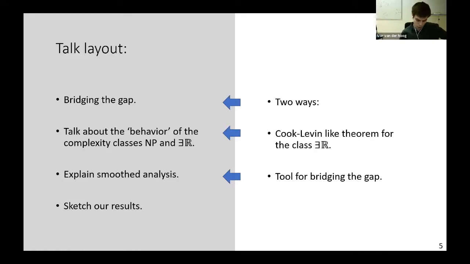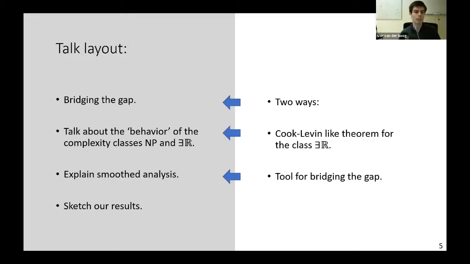And this is what we're confronted with. So we see this complexity class, and we know that NP hard problems are existential hard for the existential theory of the reals, but we have no way of placing these existential R complete problems in NP, at least no obvious way.